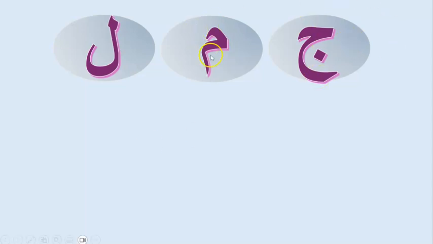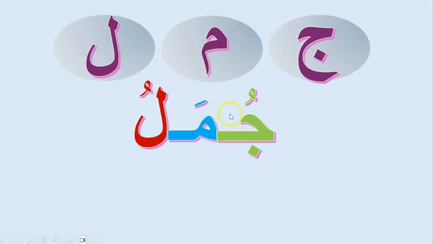J, M, L. We will form them in a word. J, M, and L with vowels on top. Remember, what is the vowel here?